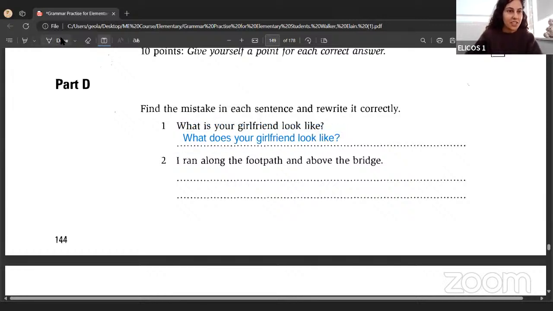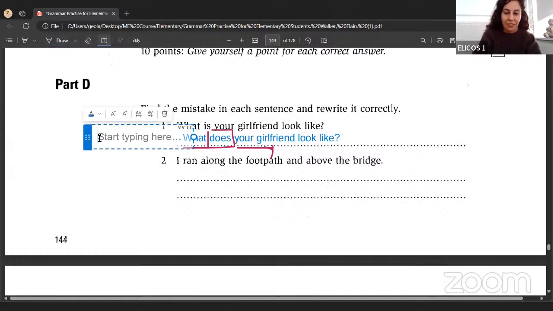Now, it's a question. We know that when we ask questions, we use the verb do. Now, does, because I'm talking about her, not saying what do you look like. I'm asking what does she, your girlfriend, look like? So if you're not sure where that rule came from, have a look back at your present simple.